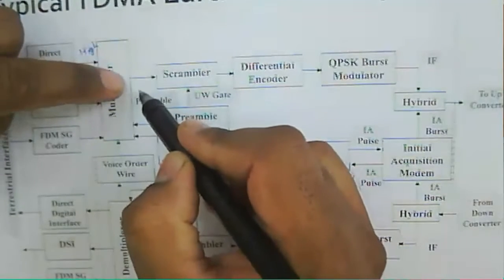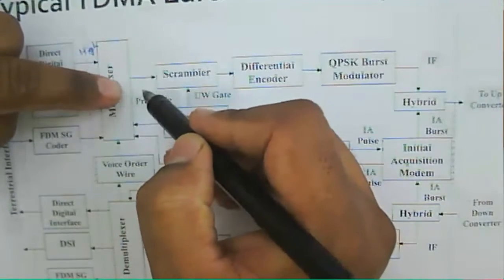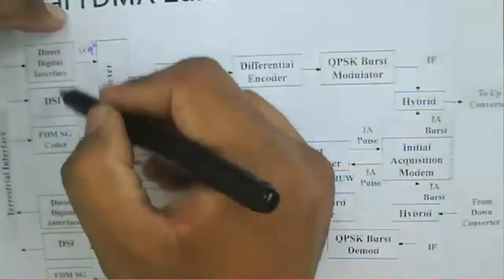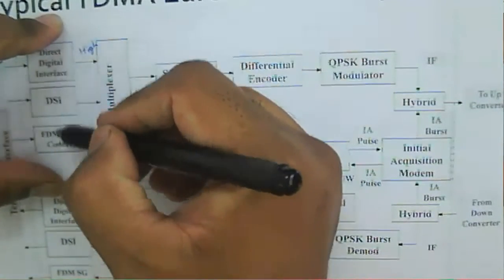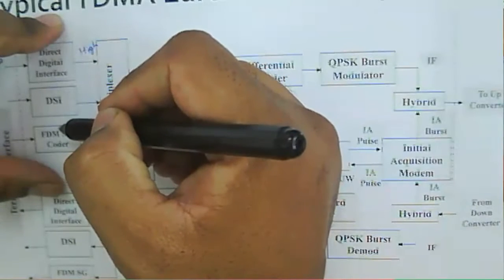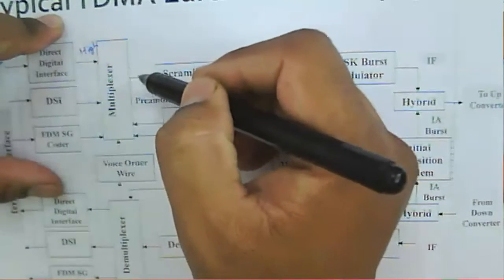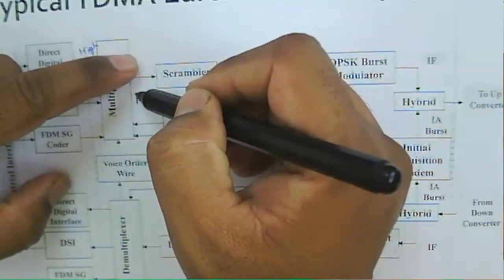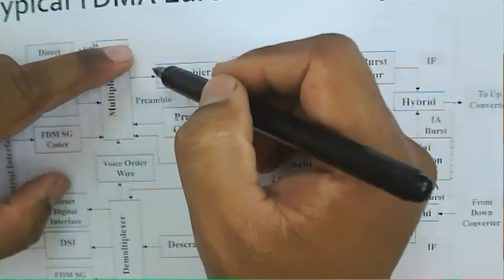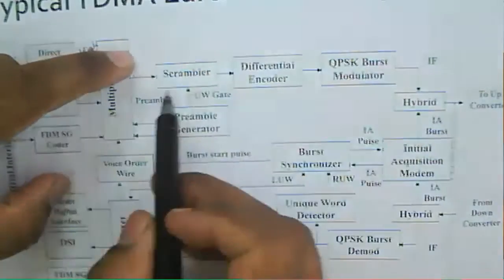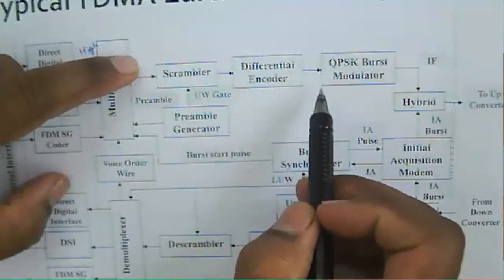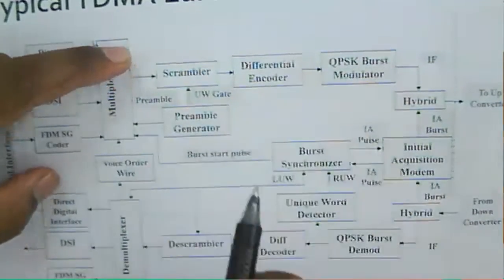So we get the output bits of this multiplexer from the terrestrial interface modules, and that output is nothing but what? It is a 2-bit symbol, with a serial to parallel converter at the QPSK modulator.